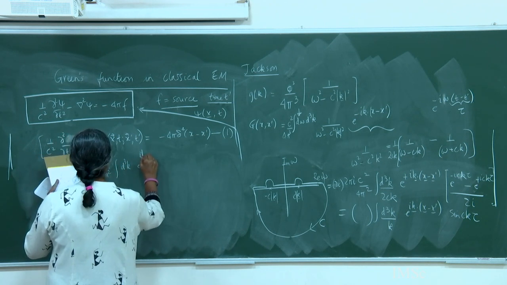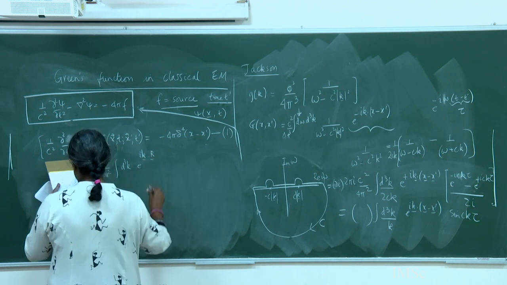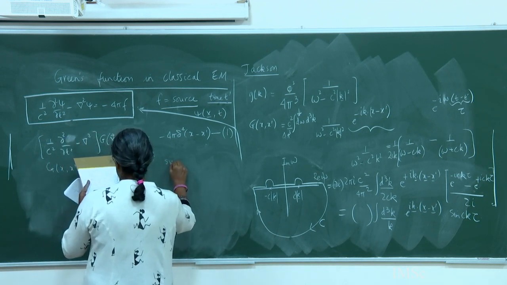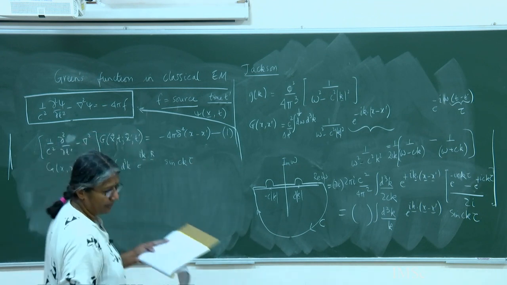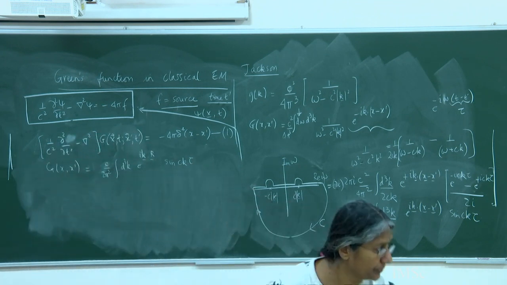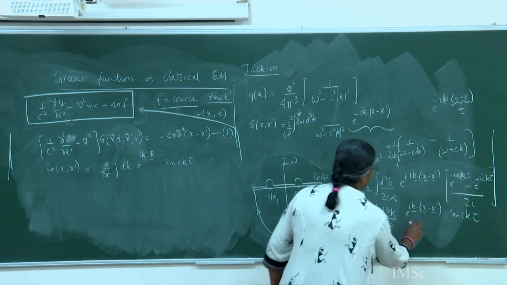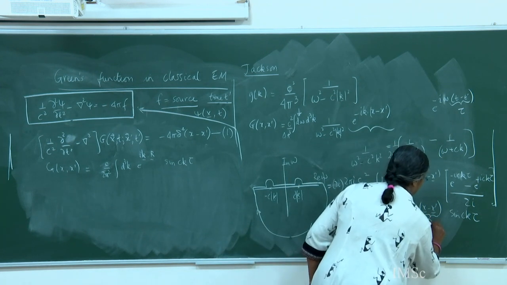I do not really worry about it, but since you want to look at it, tau, okay, where I have now introduced x minus x prime as r.